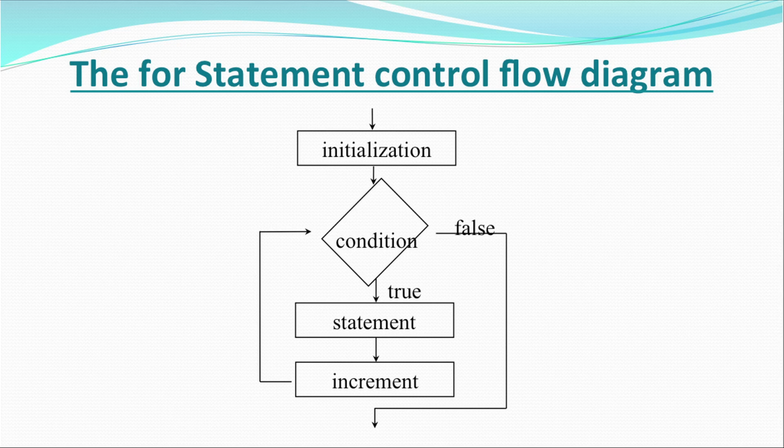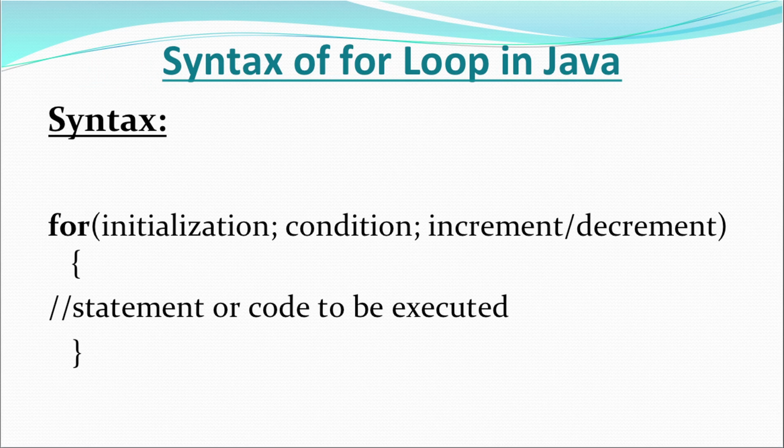After that, we can see the syntax of the for loop in Java. So what is the syntax? Syntax actually means a proper way of writing a particular block of code, because every syntax is given by the programming language developers, that this is the only way of writing a particular for loop or a particular while loop or anything else in this Java programming language.